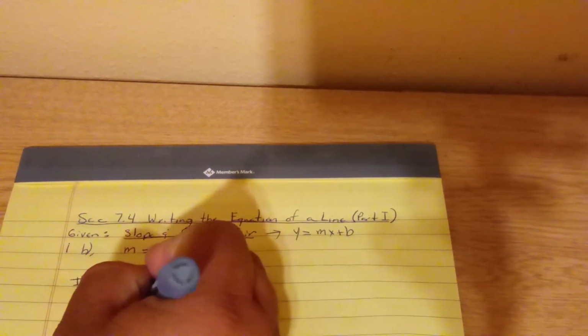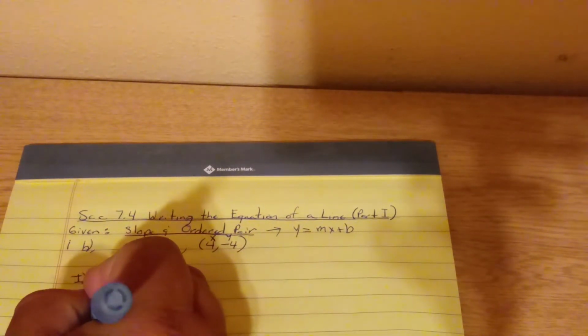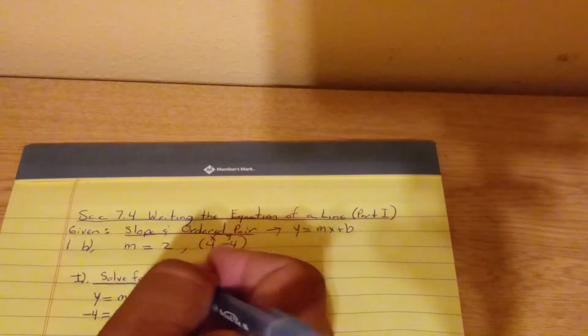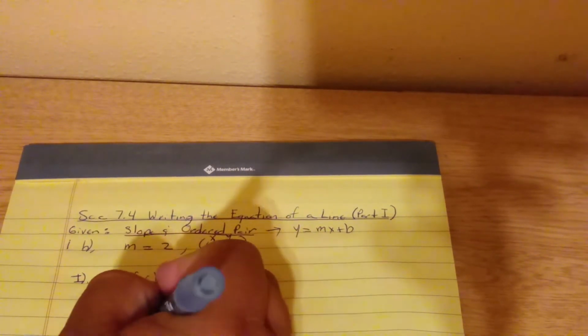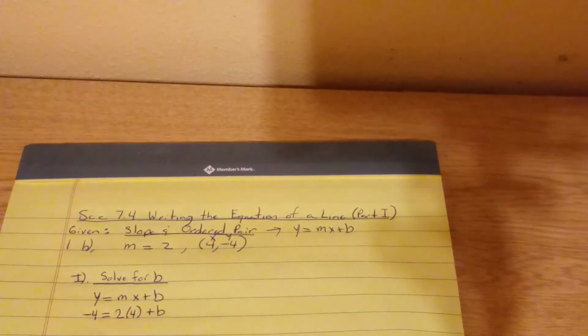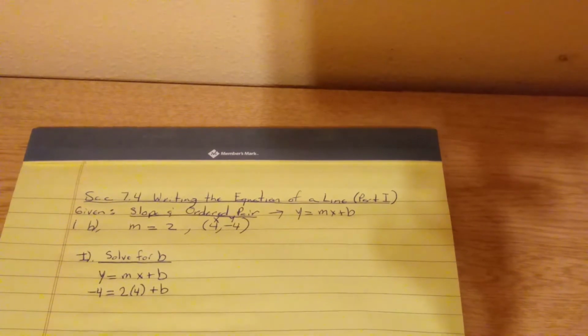So let's go ahead and take a look at that. We start off with y = mx + b. We're going to substitute our y, which is -4. Our slope is 2, and our x value is 4. Just go ahead and calculate this and then solve for b.